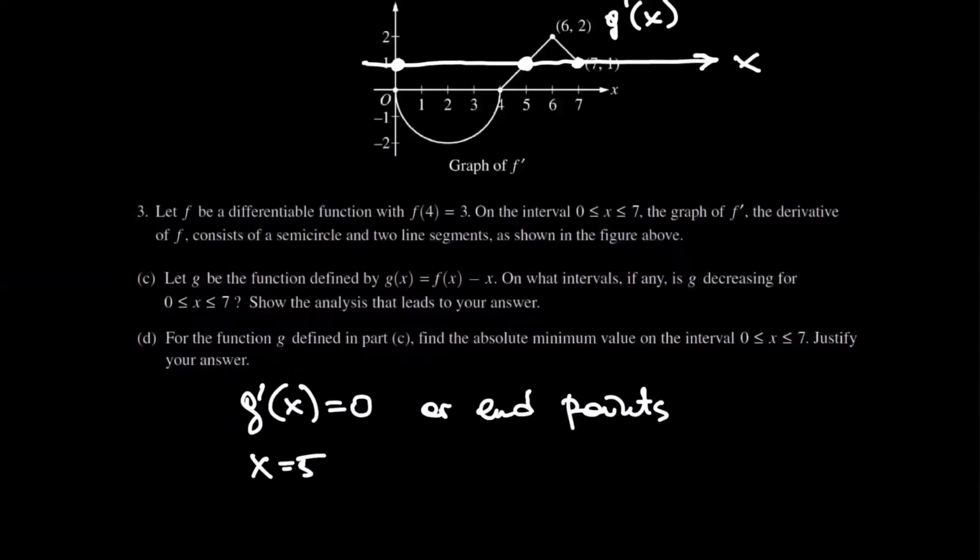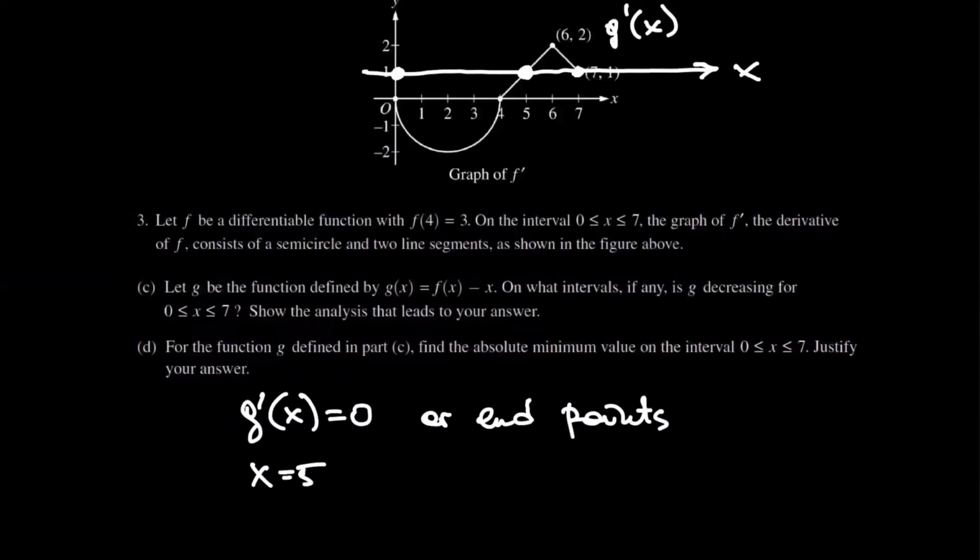So we need to compare. We can see that this point is a local minimum. The derivative before that point, between 0 and 5, is negative, and between 5 and 7 it's positive. So the function is decreasing from 0 to 5 and increasing from 5 to 7.